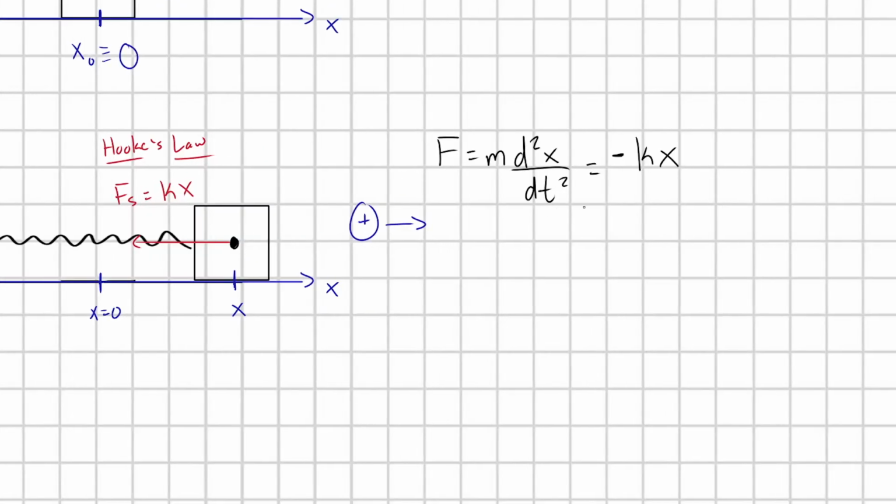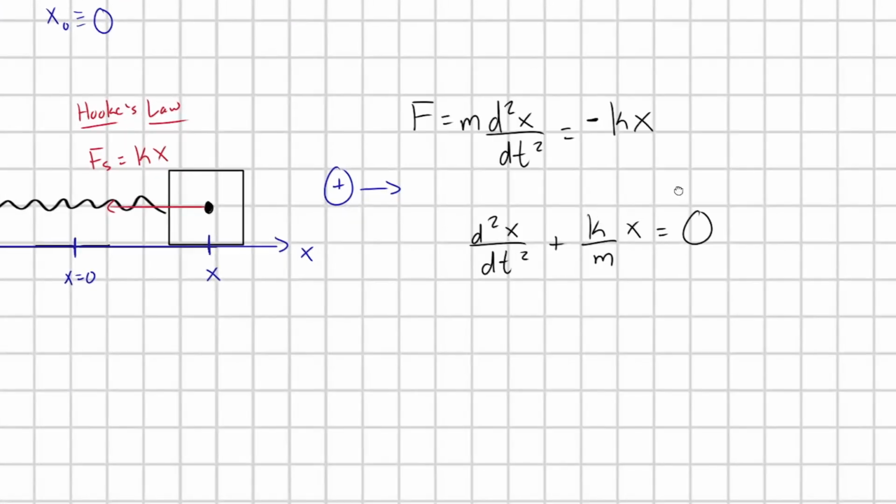But let's go ahead and now rearrange what we have here. I'm just going to rearrange this equation right here. And so we have d squared x dt squared plus k over m x, and this equals 0.